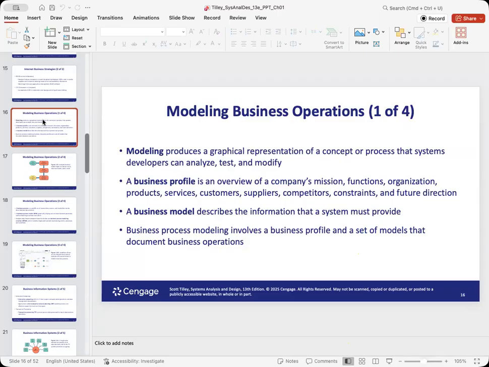And then we have a business model. Now, the business model describes the information that a system must provide. Every system provides information. But that information may not be meaningful if the business itself doesn't have a vision. You understand? Because let's assume you want to establish a company, and you design a website.